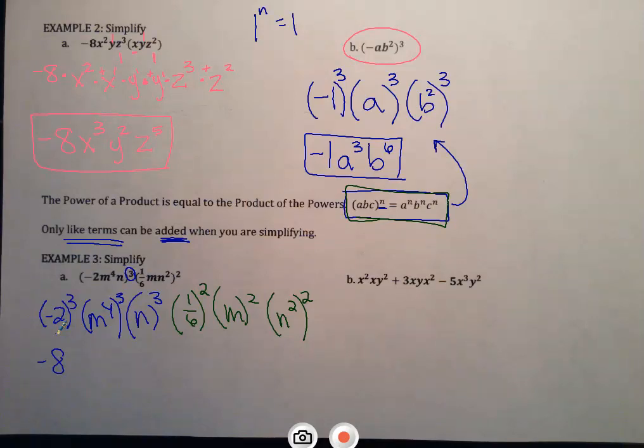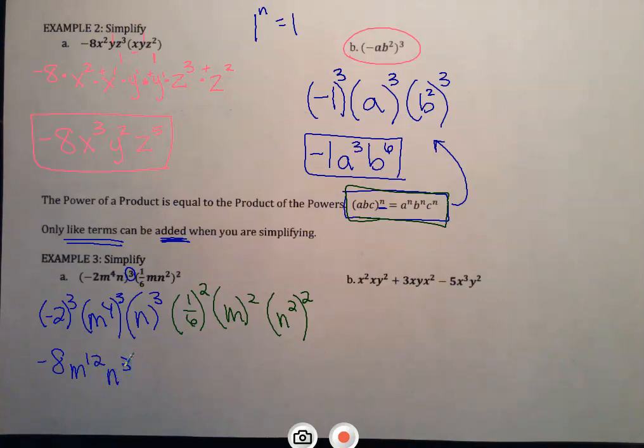Okay, so Cheyenne, how about m to the 4th to the 3rd power? What do we do with those exponents? We multiply them together, so that's going to give us m to the 12th. Excellent. Okay, and Connor, how about the next one?